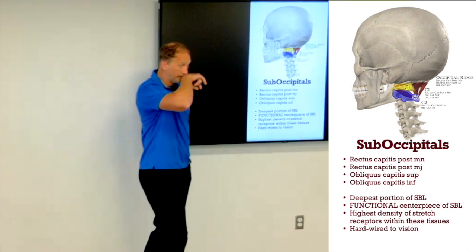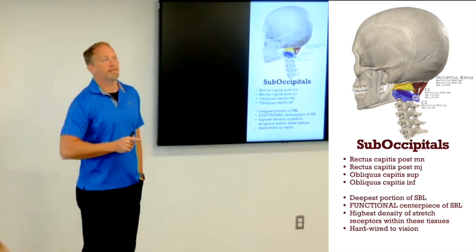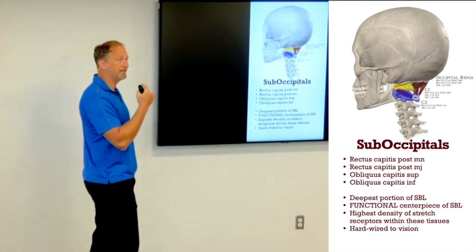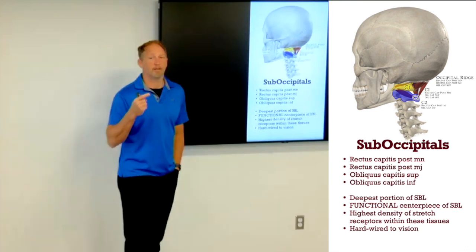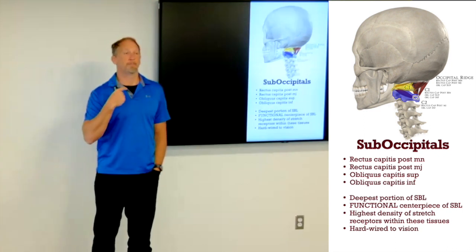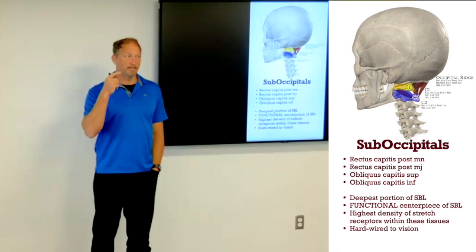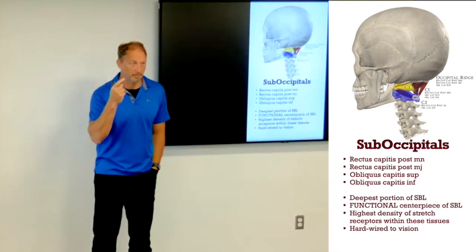The important thing to understand about the suboccipitals, this is the functional centerpiece of the superficial back line because of the tie-in with vision. Like we talked about before, as soon as I look up, the entire tone of the superficial back line is more extension. As soon as I look down, the entire tone of the superficial back line is to allow more flexion to take place.